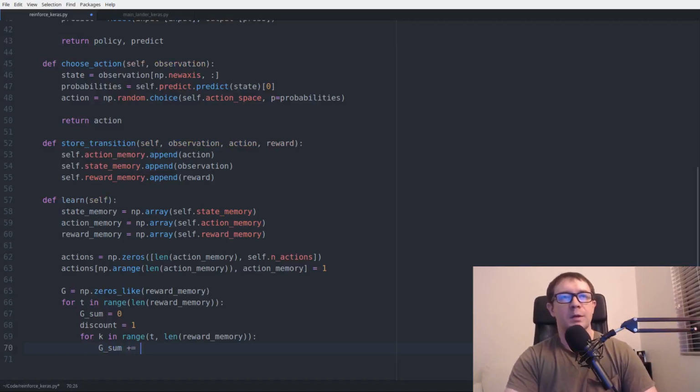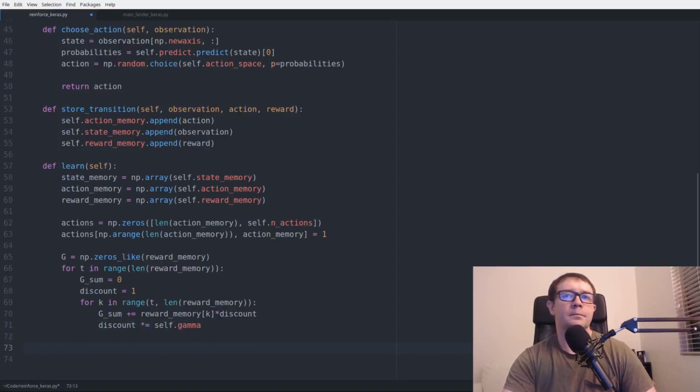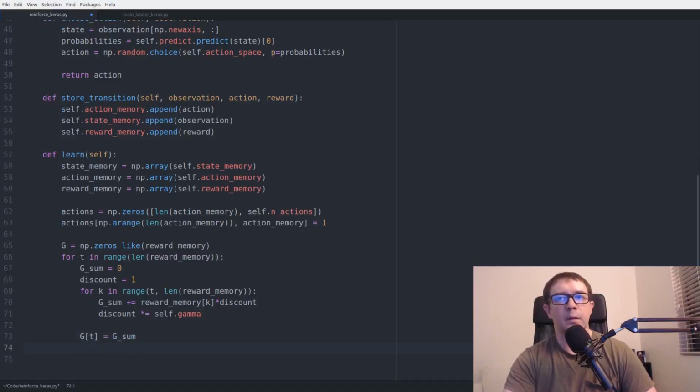So G sum plus equals reward memory sub k. So this will add the reward at the kth time step multiplied by the discount factor. And then you want to multiply discount by self.gamma. At the end of each of those, you want to set G sub t equal to G sum.